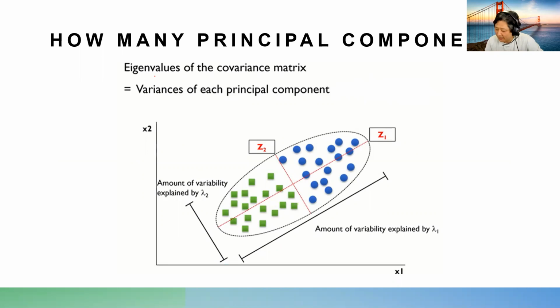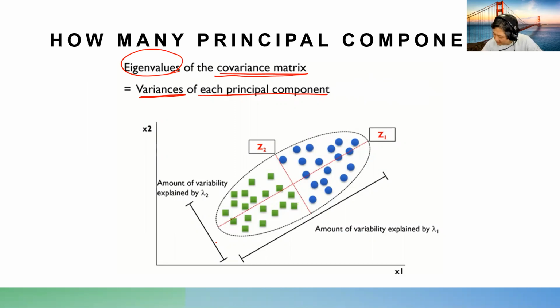The eigenvalue of the covariance matrix is equal to the variance of each principal component.